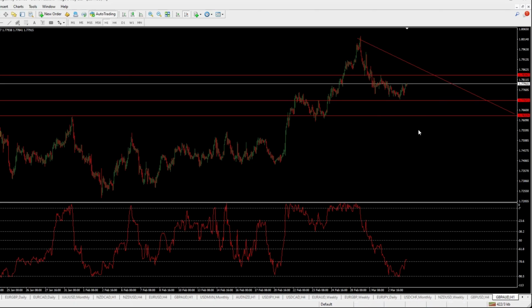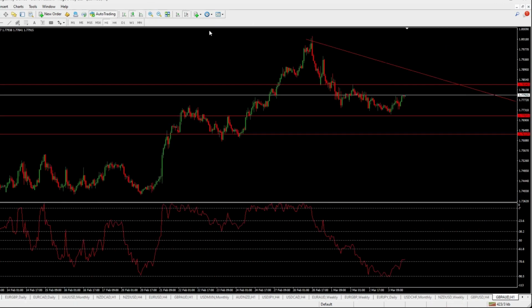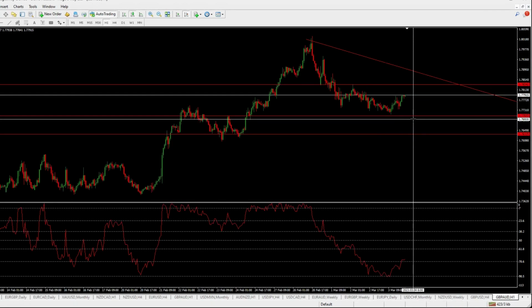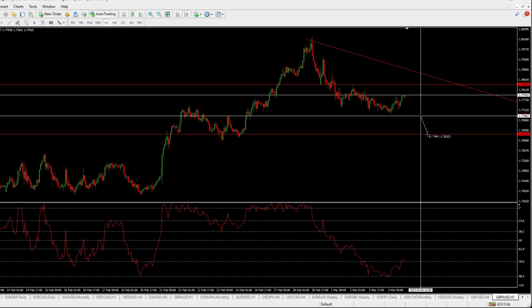When it comes to swinging and intraday, when we're going for these entries, this is only about 70, but if you're a scalper and you're seeing something go for 70 pips, 50 pips, you don't have to go for the full stretch.